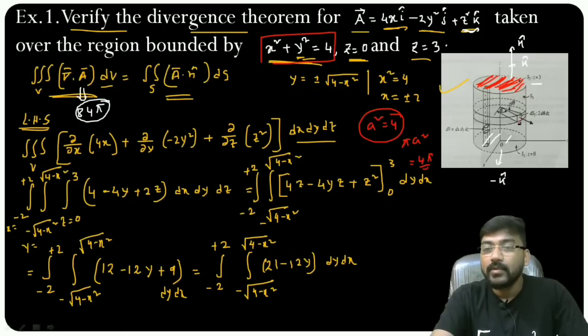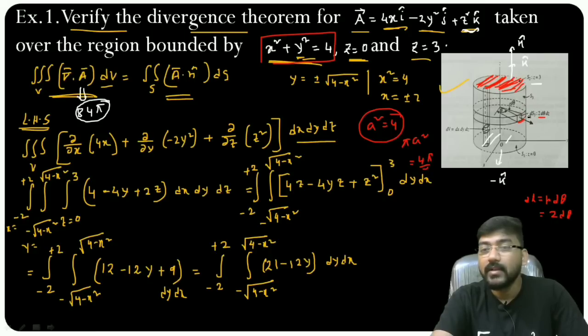If you take this length, it will be just 2 into d theta, because you know s is equal to r theta. So ds, that is dl, you can say length, will be r into d theta, and instead of r we have used 2, so 2 d theta. So this is the length. And if you talk about this breadth, then this is dz, along the z axis.